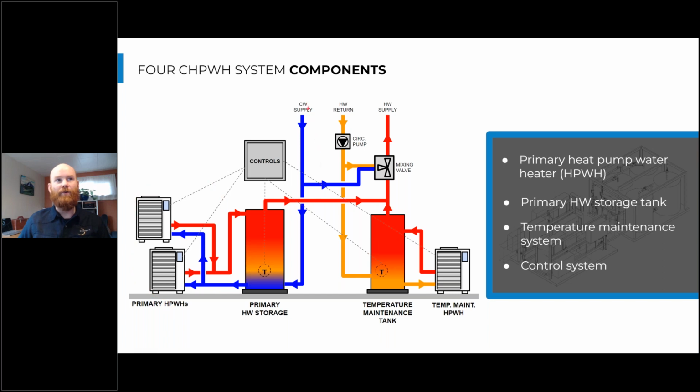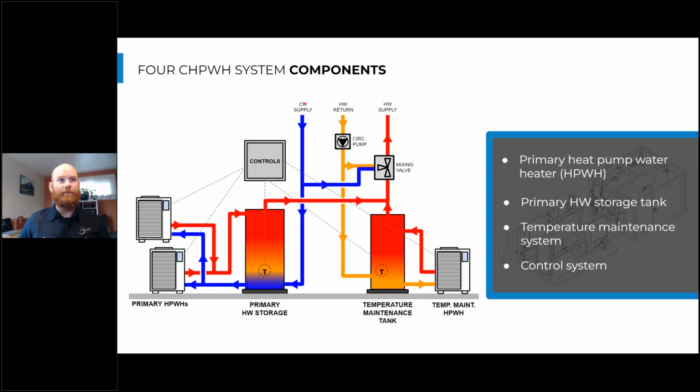These are taking cold water from the city, heating that water up, and storing it in our primary hot water storage tank. That's our second component here, and we're using that as a battery. When someone uses hot water at the tap, hot water is going out here.